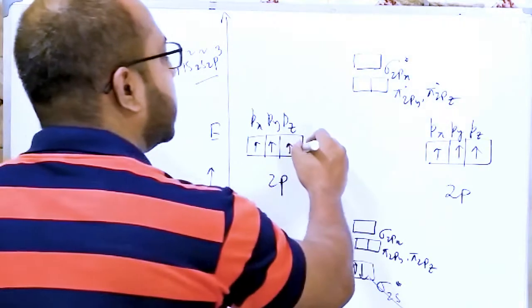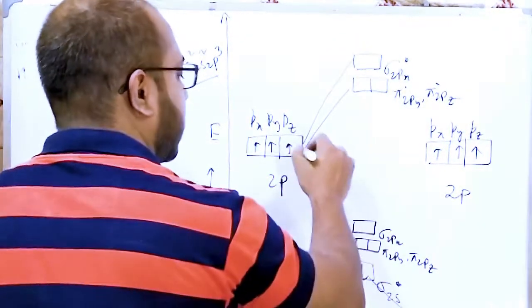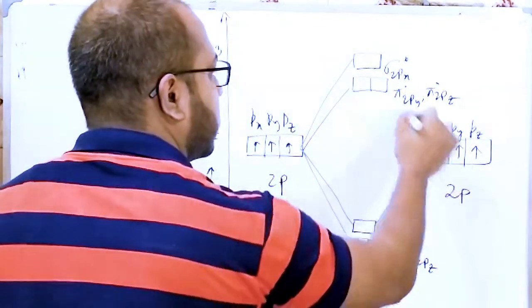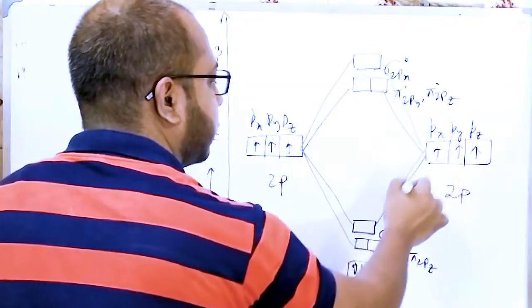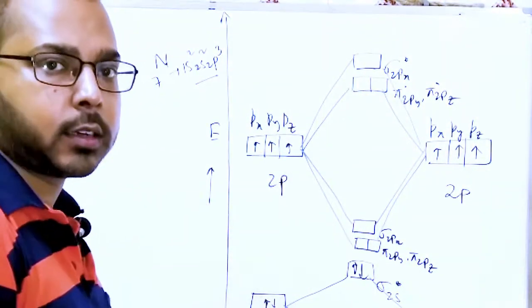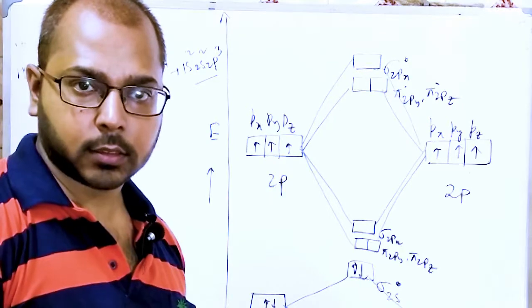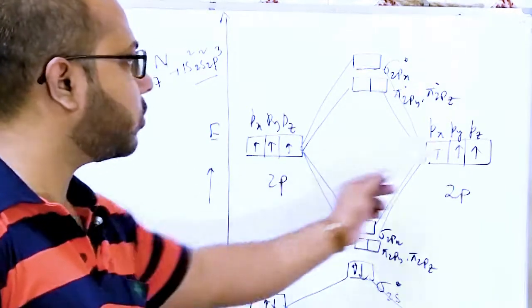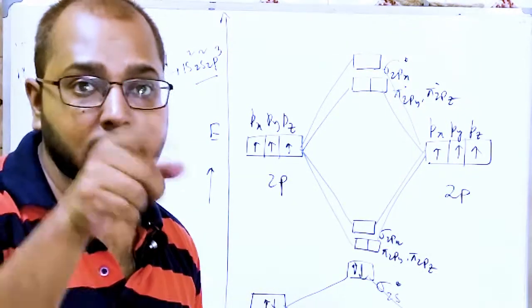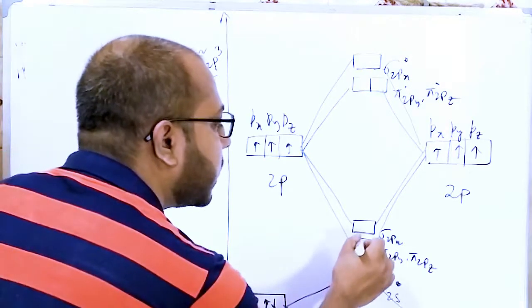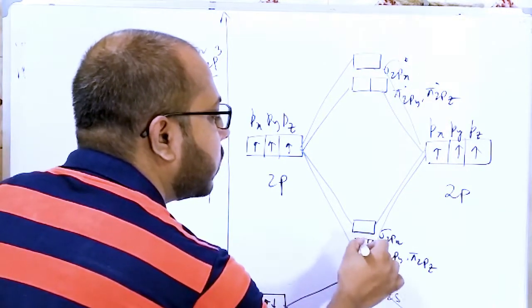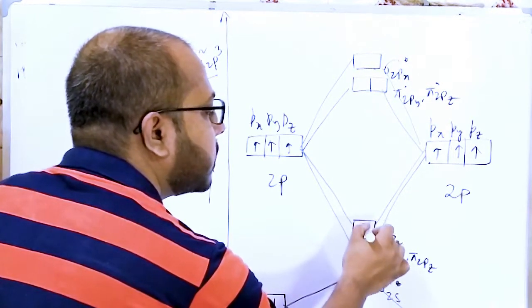So just attach this, because they belong to this one. Now the total electrons remaining: 6. So we need to put here 6: 1, 2, 3, 4, 5, 6.